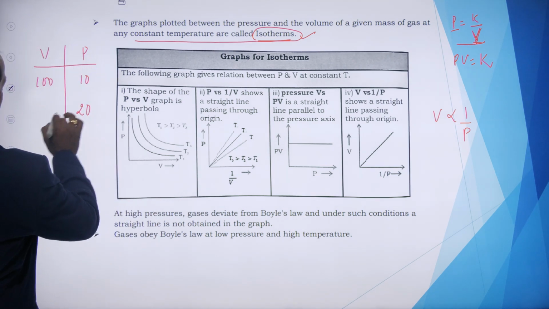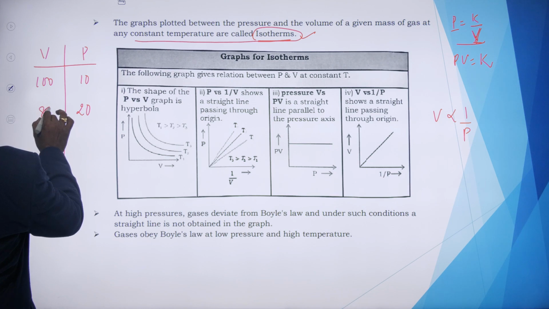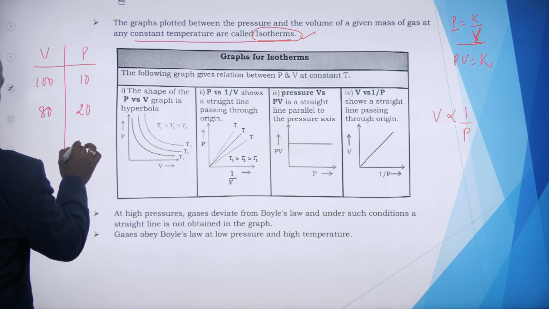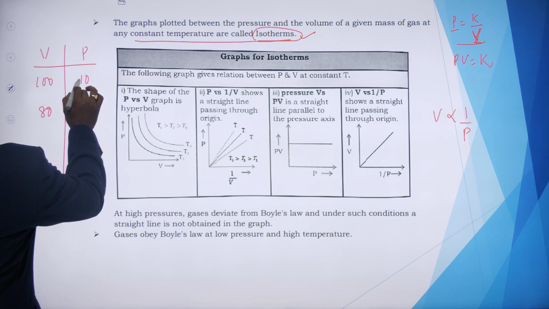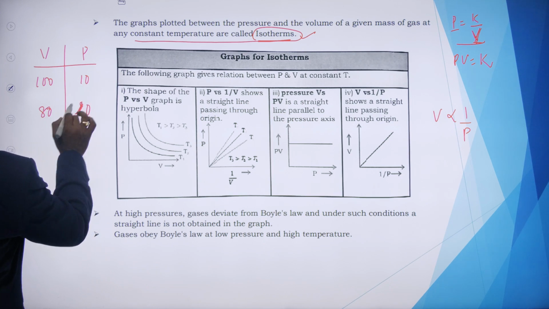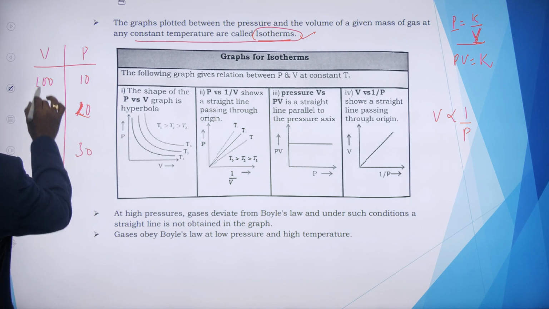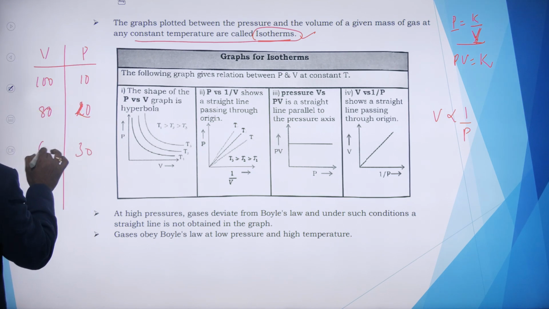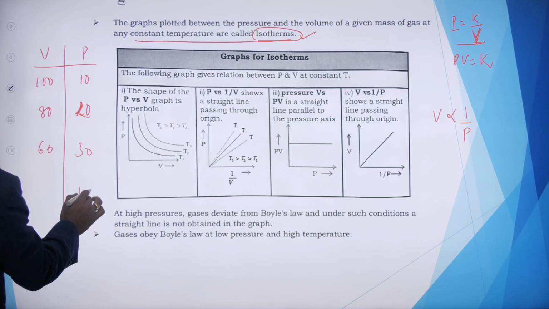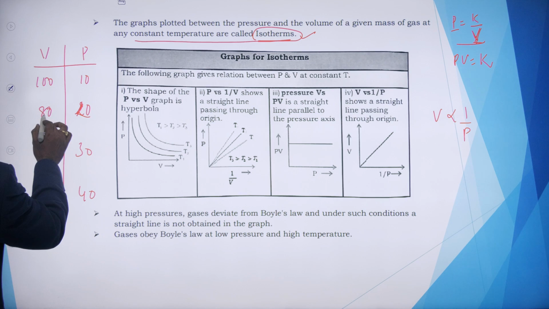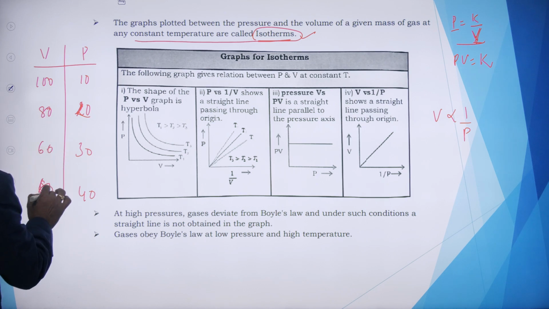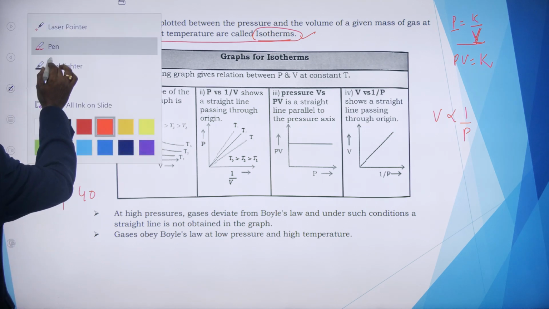If I take 20, maybe the volume comes to 80 or something. If I take 30, the pressure is increasing, so volume decreases. If I take 40, volume is 100, 80, 60, 40. So like this we are getting. Are you following what I am telling?